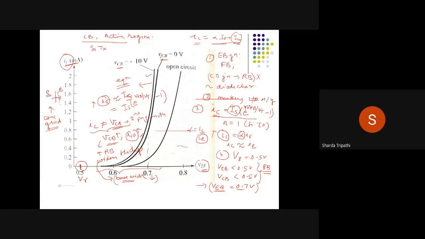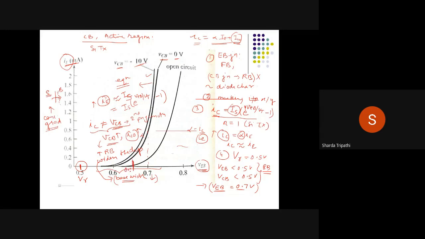So this you can observe over here. Here you have two plots. In the first case, VCB is shown as 0. And in the second plot, VCB is shown as -10. That means you are actually increasing the reverse bias. So if you increase the reverse bias, then for a given value of VEB, the current increases. For example, let me take this middle point.